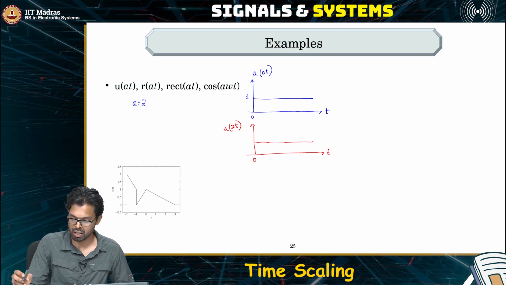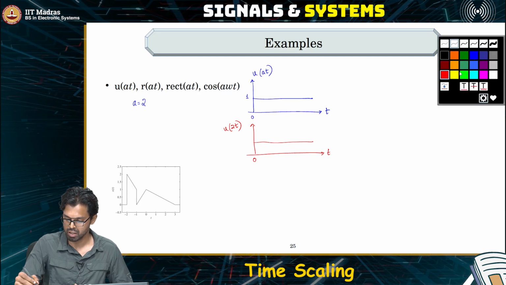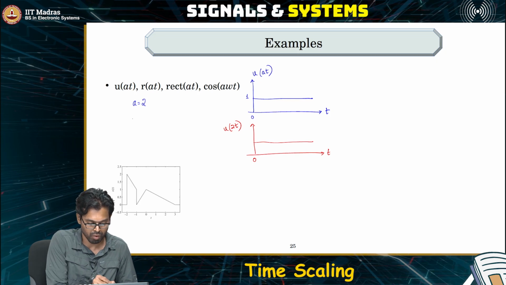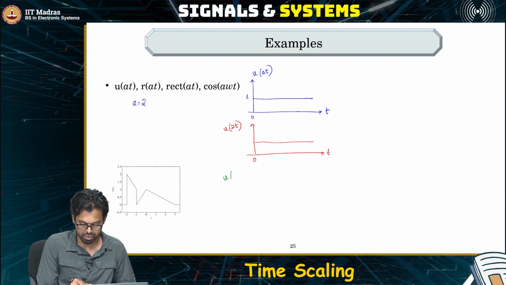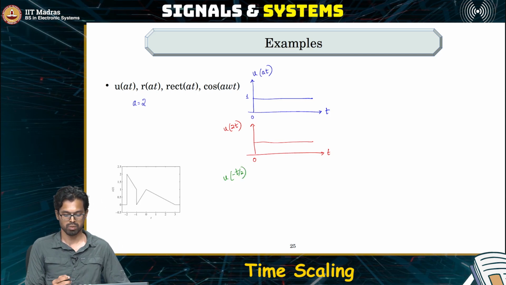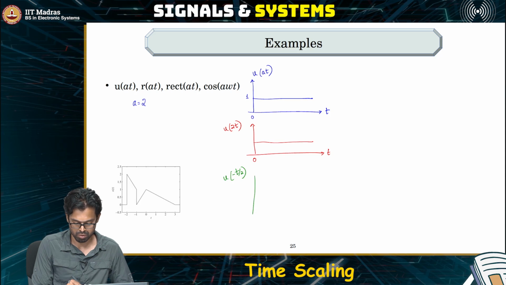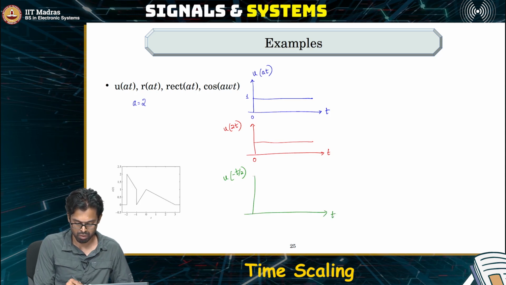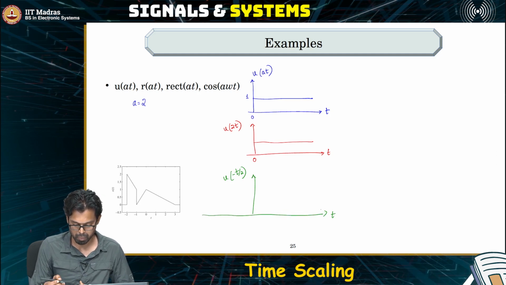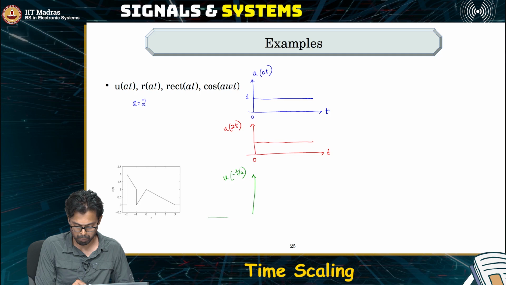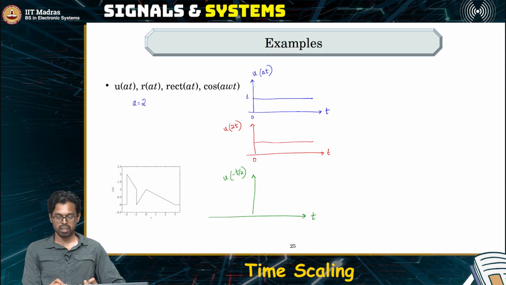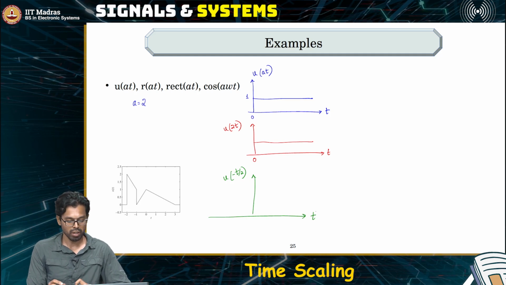And let's see what happens when you try to plot u of minus t by 2. Now there is a negative sign in a, which means the signal is going to reverse or flip.